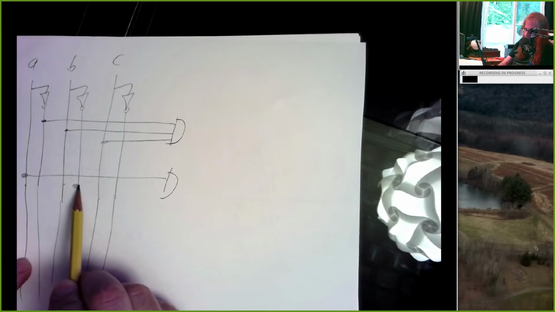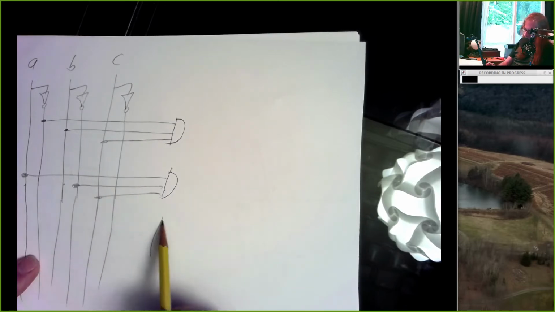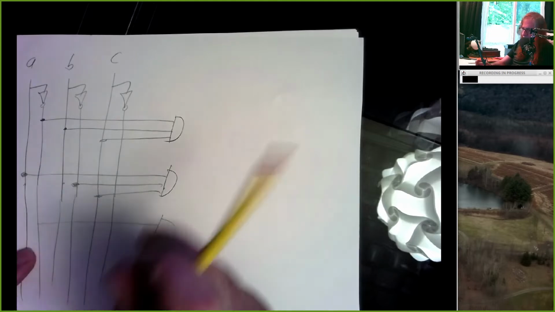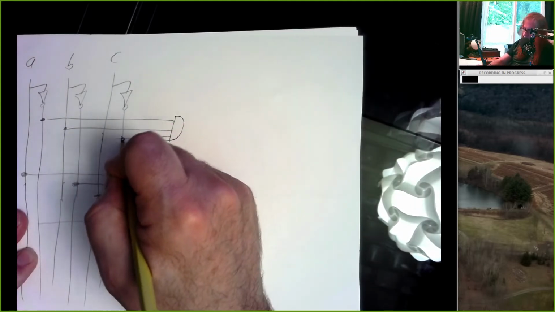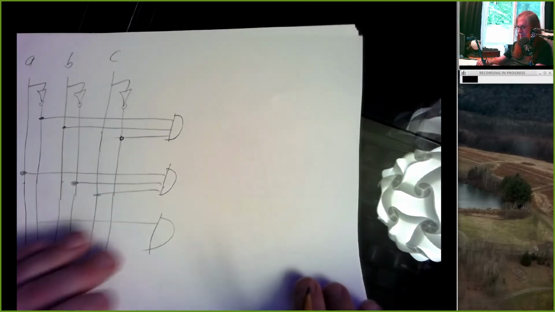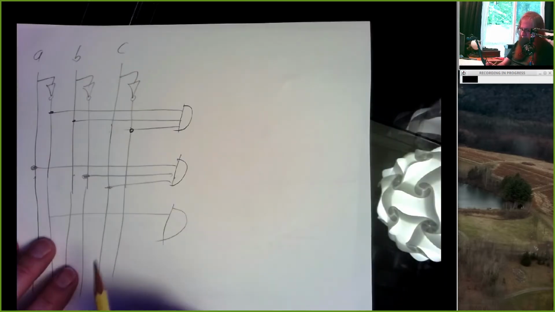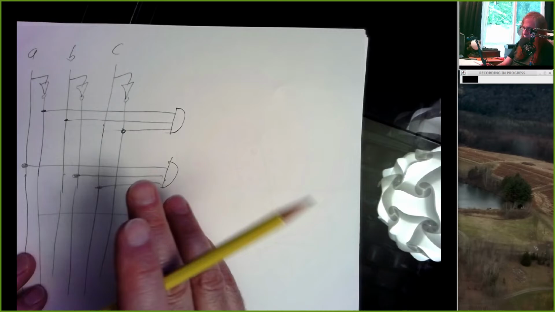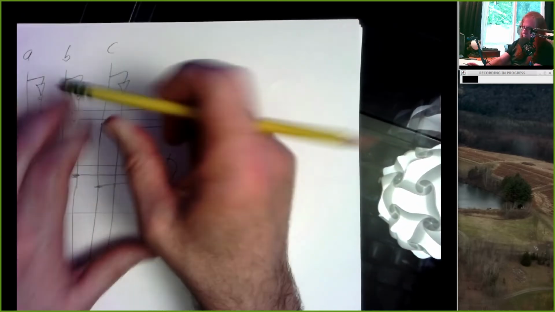A, B bar, C. A bar, yeah, I should have done this on a separate page. A bar, B bar, C, right? So we could have A bar, I'll stick to my equation that I wrote.